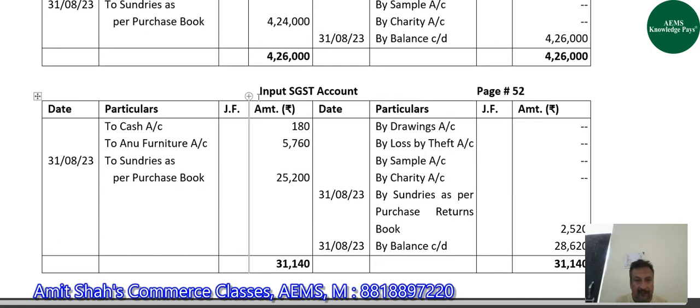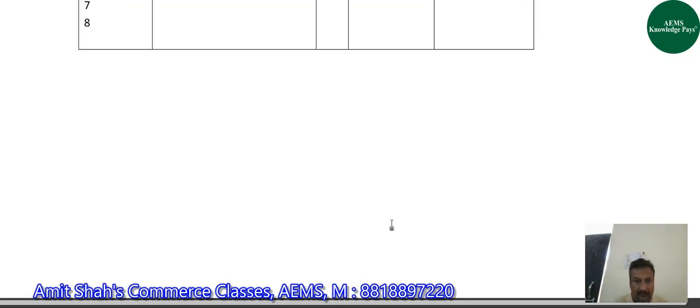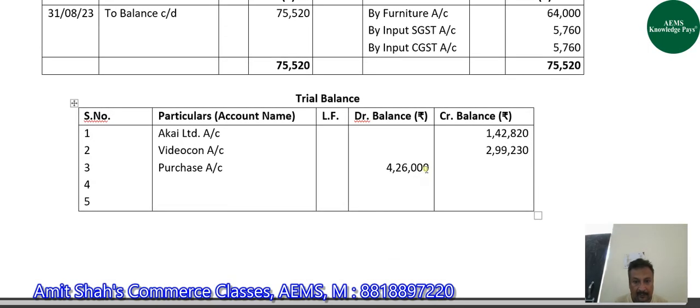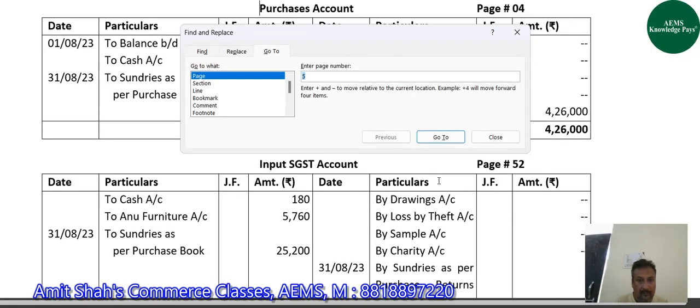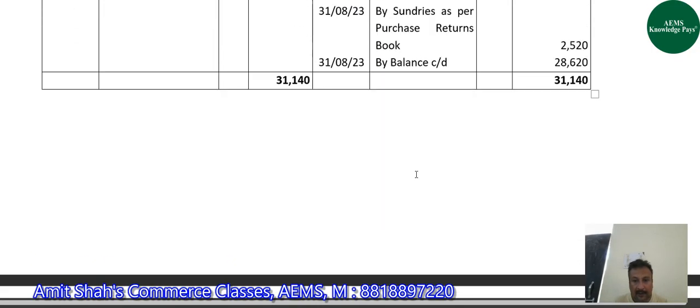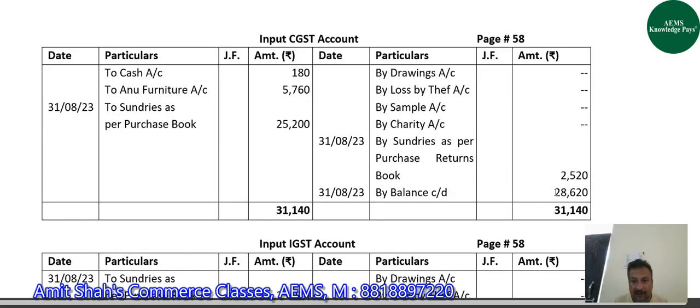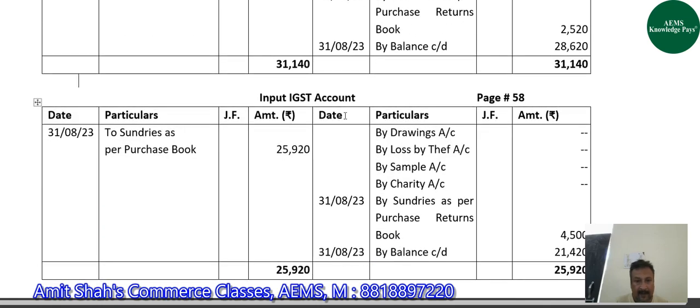After purchase, we have input SGST account which has a debit balance of 28,620. Then input CGST account which also has the same balance, 28,620. And then input IGST account which has a debit balance of 21,420.